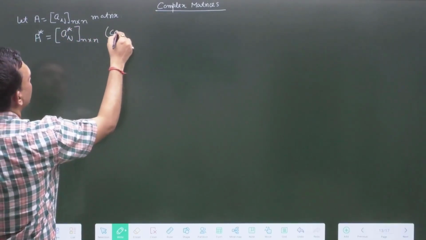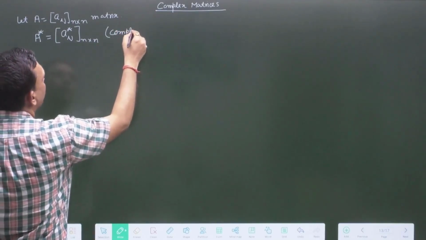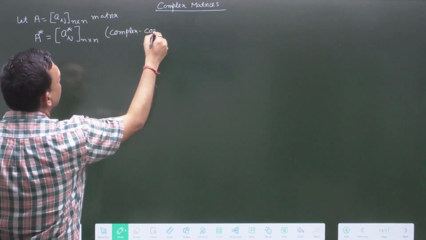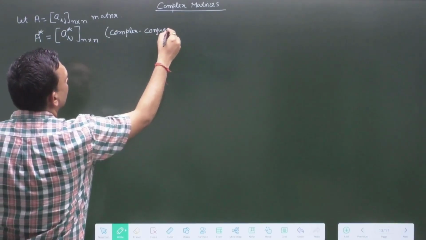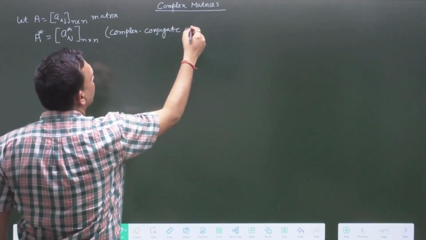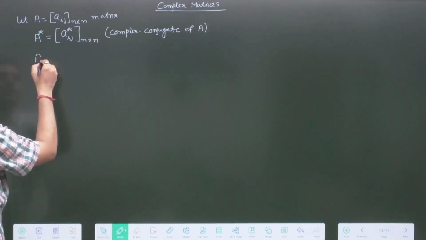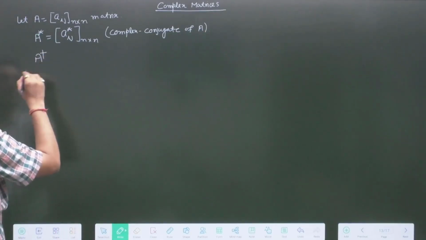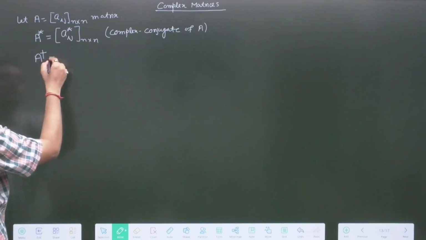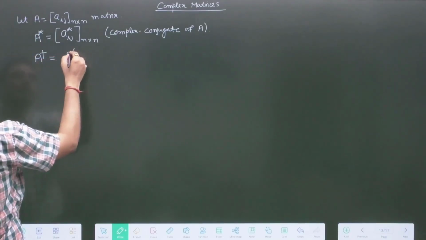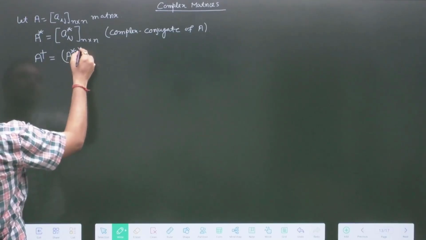This is the complex conjugate of A. And then we define A dagger. A dagger is given by the complex conjugate transpose.